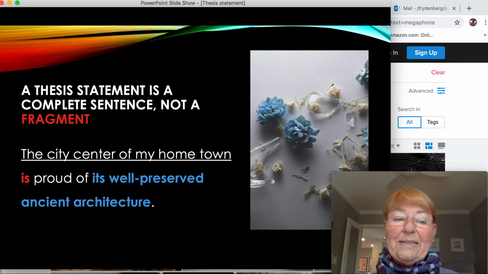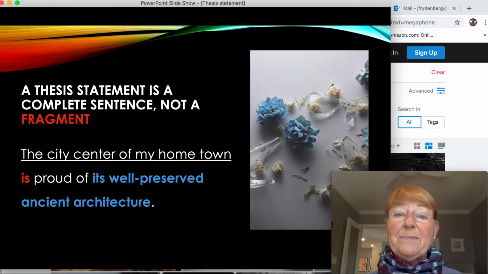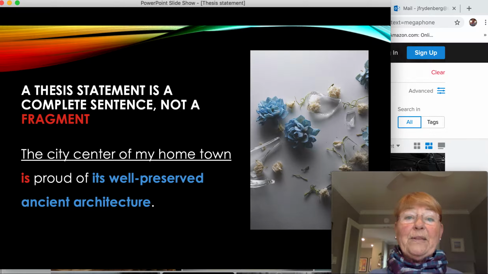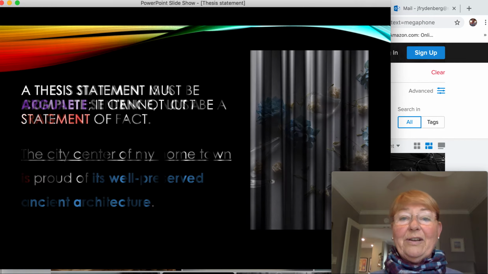For example, I can say, the city center of my hometown is proud of its well-preserved ancient architecture. The city center of my hometown, that's your subject, is the verb with a tense. And then proud of its well-preserved ancient architecture, that's your object. So it's a complete sentence, subject and object, capital letter in the beginning, period at the end.